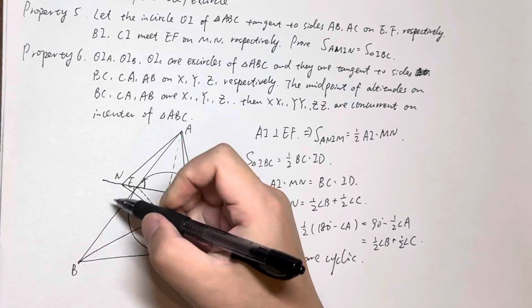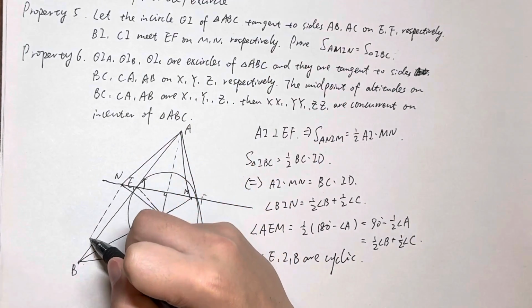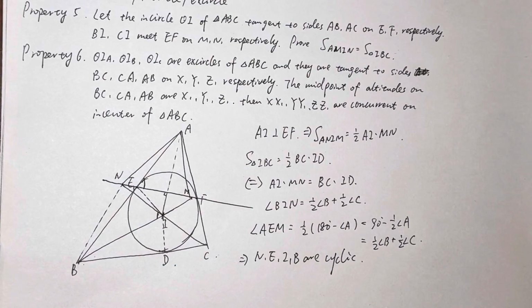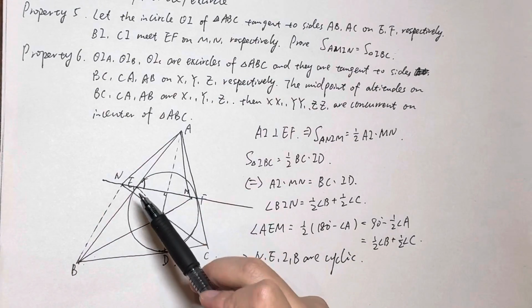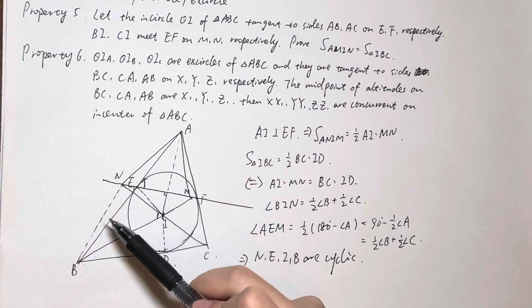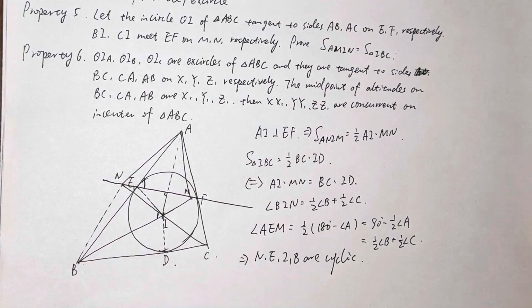We can connect it here, and here. Now we know that NEIB are cyclic.